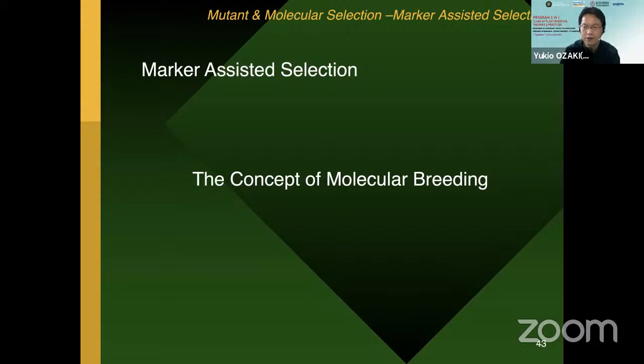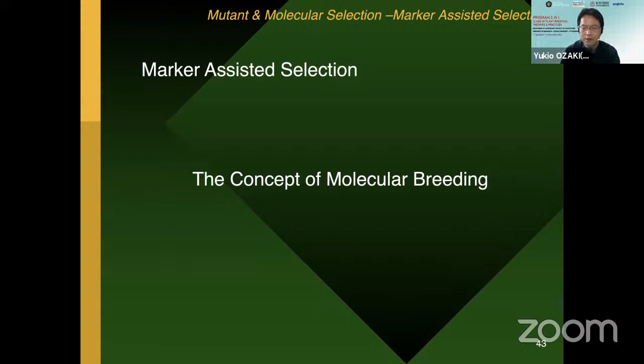The tools include genomic analysis, functional genomics, proteomics, and metabolic profiling. One of the more specific molecular breeding approaches is the use of molecular markers, especially DNA markers, for crop improvement. This approach is called marker-assisted selection.